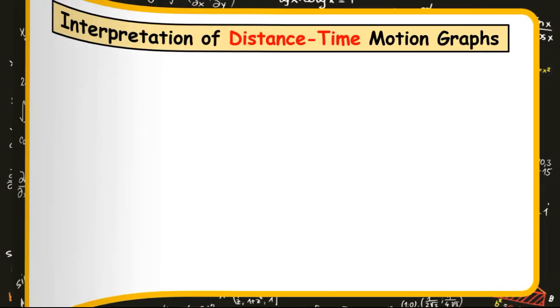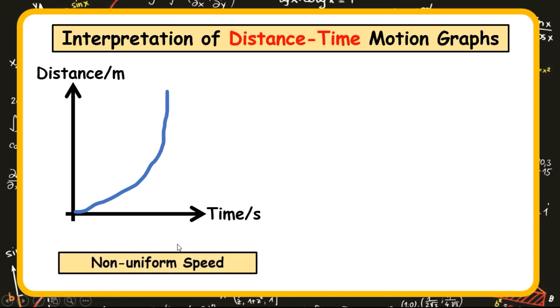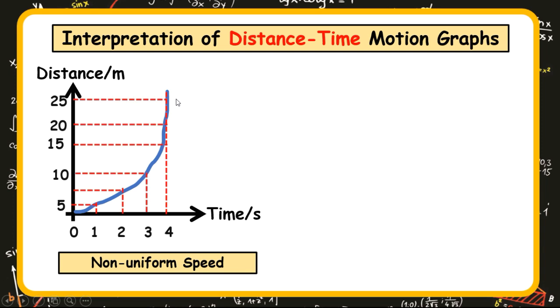The next graph is this. This is called non-uniform speed. So look at this plot. If values are given on it, at a time of 1 second, the distance is 5. 2 seconds, it is between 5 and 10.